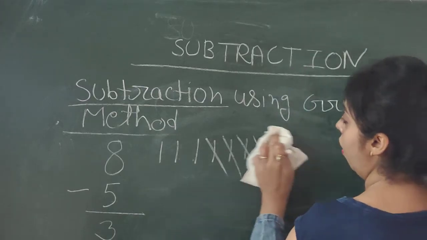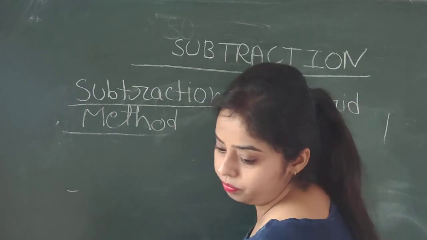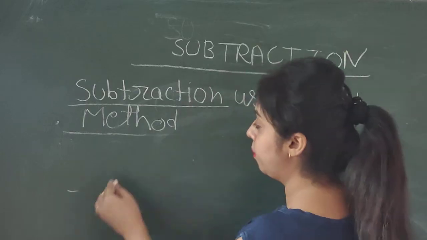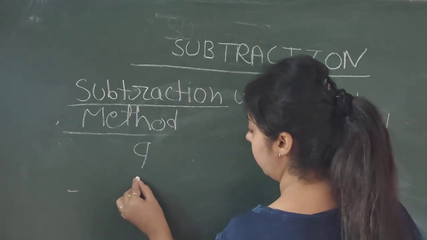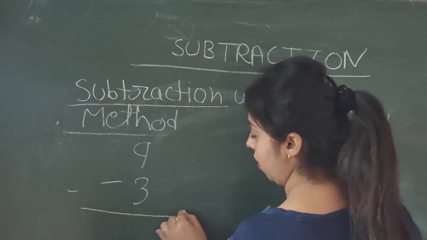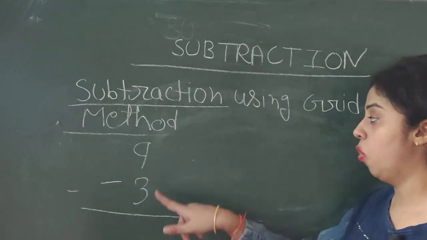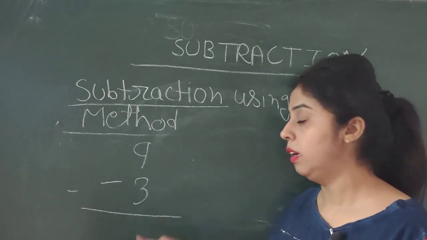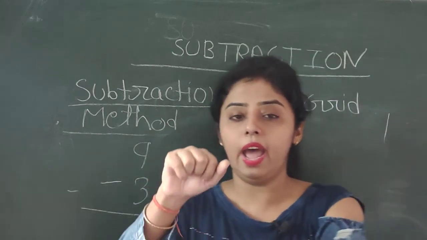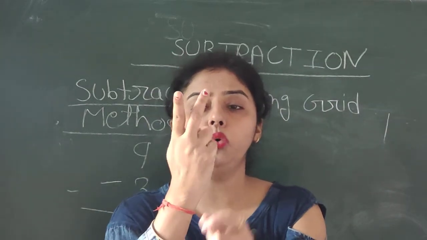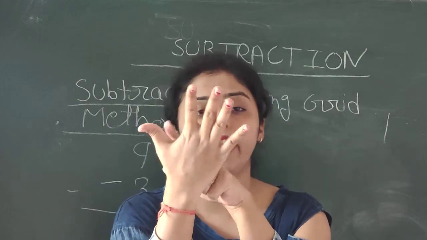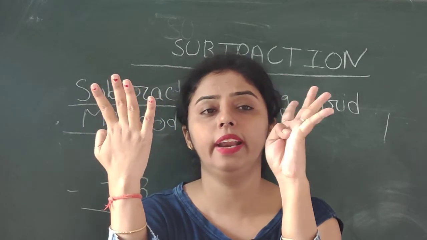Other example now. 9 subtract 3. So count the number on your fingers. 9. 1, 2, 3, 4 and 5, 6, 7, 8 and 9.